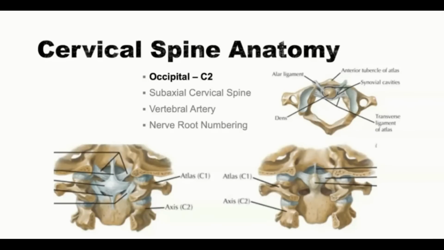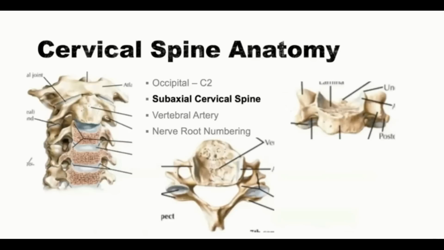And then it is held together, rather than by a pure ligamentous construct, which we'll see lower down in the spine, by very strong ligaments as labeled here. If you guys can see my cursor, we have the apical, alar, and transverse ligaments. There's an extension of the posterior longitudinal ligament as well that extends up into the clivus.